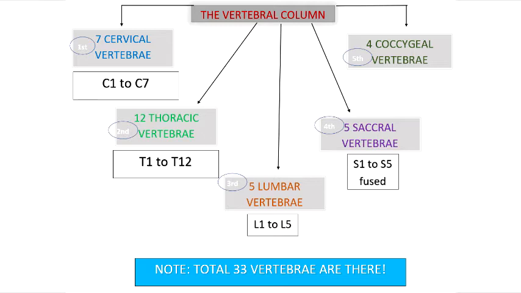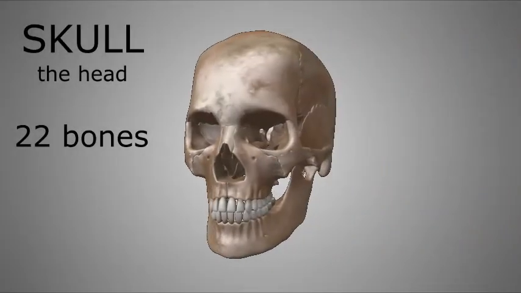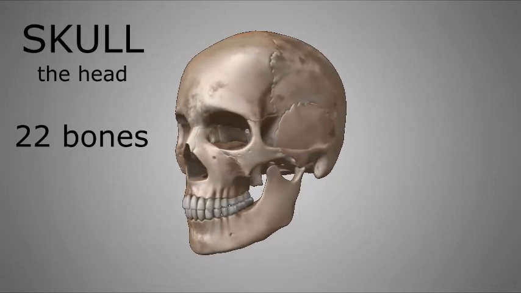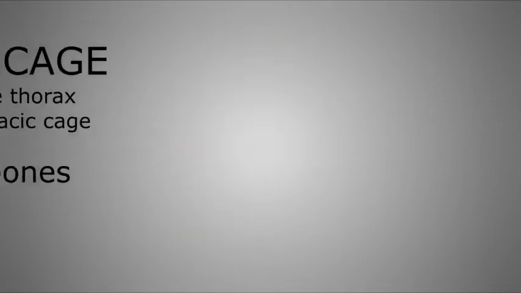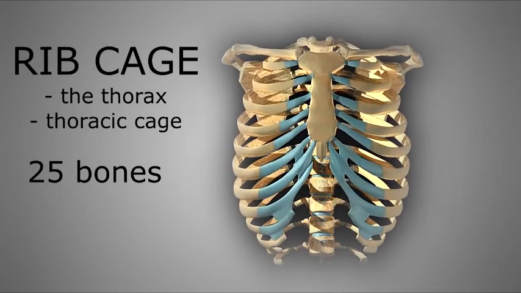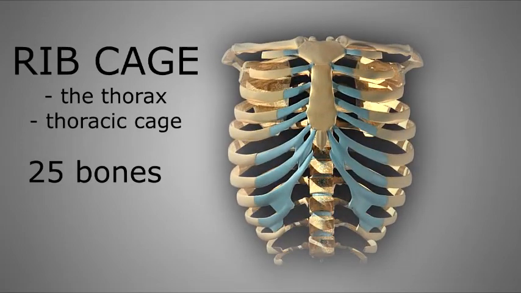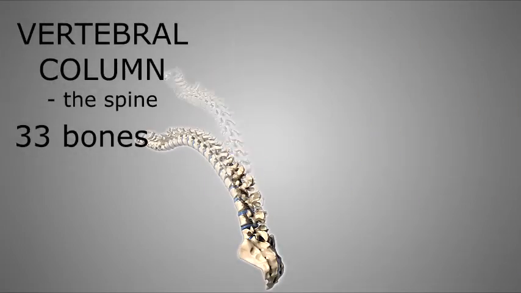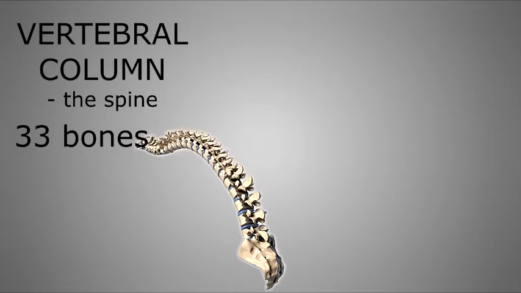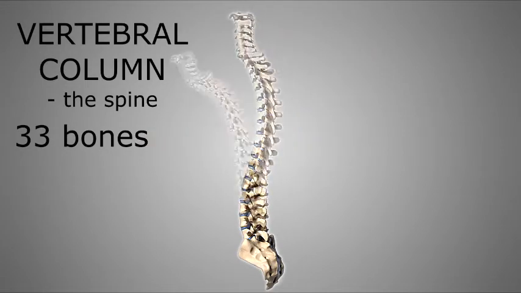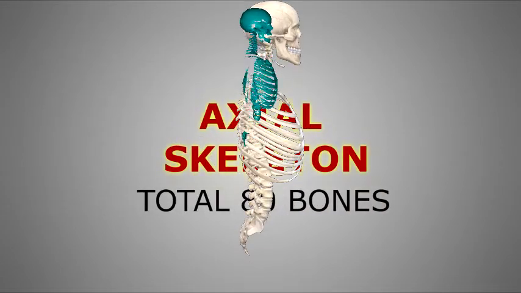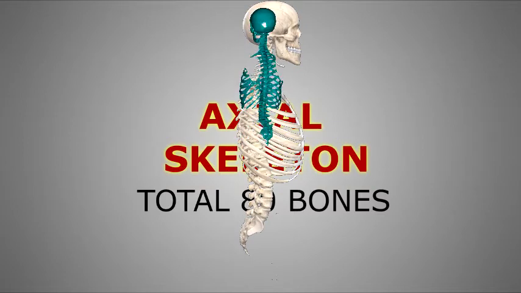And the total is 33 vertebrae. So guys, we studied the skull which has 22 bones, the thoracic cage which has 25 bones, and the vertebral column or the spine which has 33 bones, which means the axial skeleton has a total of 80 bones.